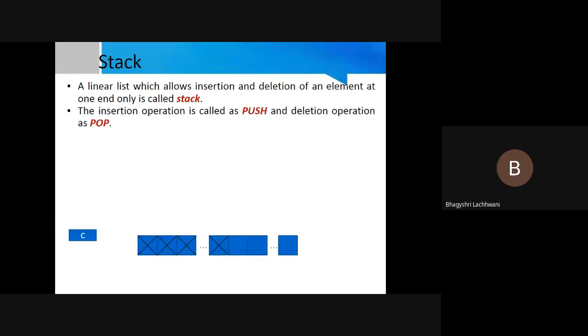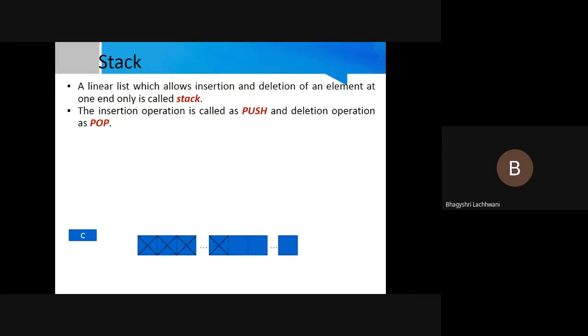So the insertion, see here, whatever we have discussed, there is only one gate. That gate is the only way for the person to come inside or go outside, and that gate, in terms of the stack, is termed as the top. That means only one end, only one gate is there that is allowed to insert an item or to discard an item. That is termed as the top.